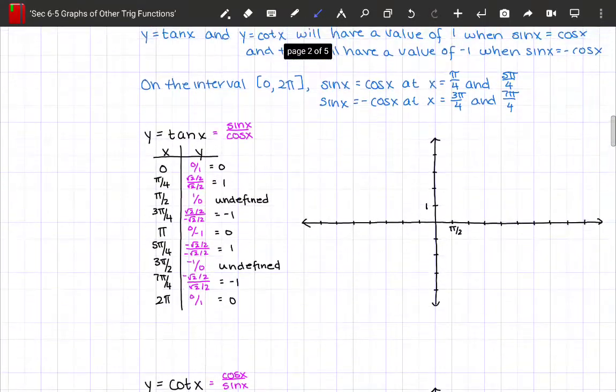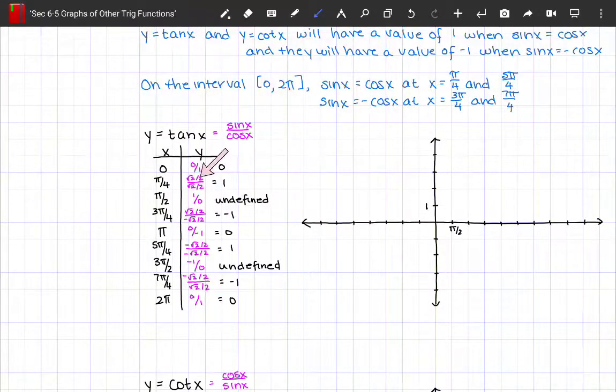So that's what I'm doing here now. Remember that tangent is sine over cosine. So at x equals 0, sine is 0, but cosine is 1. So 0 over 1 is 0. At pi over 4, sine is root 2 over 2, and cosine is also root 2 over 2. They're equal, which we actually just stated over here.